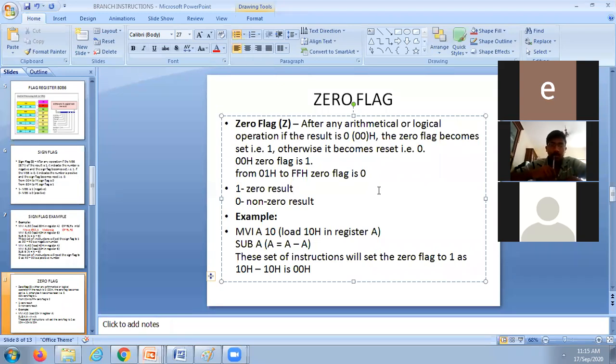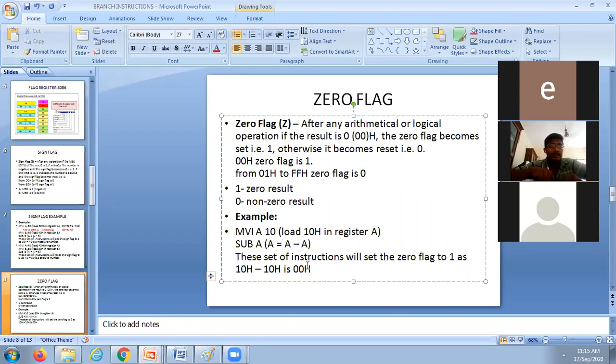Here you see the zero flag. What is the zero flag here? When you are doing arithmetic or logical operations, if the result is 0, it means that the zero flag is set. If the result is not 0, suppose 30 minus 30, or 10 minus 10, it gives 0.